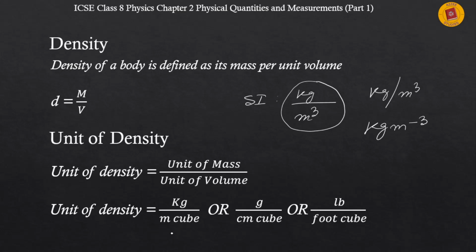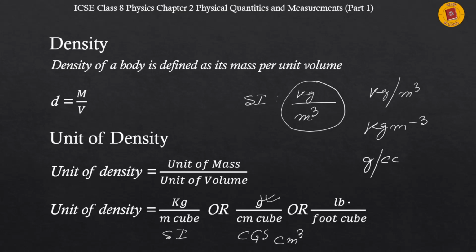Now this is the SI unit. We have another unit which is the CGS unit. This is also used sometimes and the sums might come in this unit also. This is grams divided by centimeter cube, which can also be written as cc, so grams per cc.